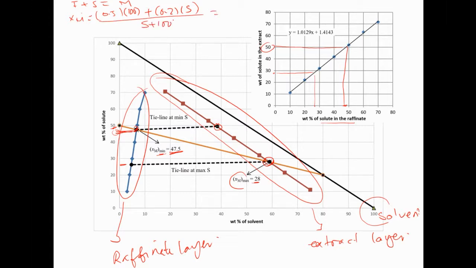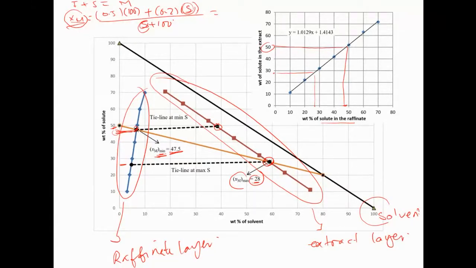Now, when you substitute X minimum, the solvent flow rate you obtain from this equation will represent the S minimum. When you substitute Xm to be this number, that solvent you're going to calculate from this equation will be representing the maximum solvent.